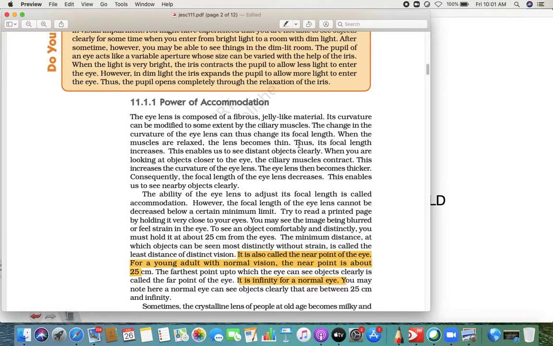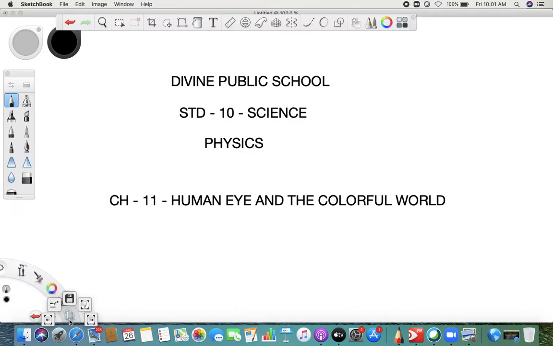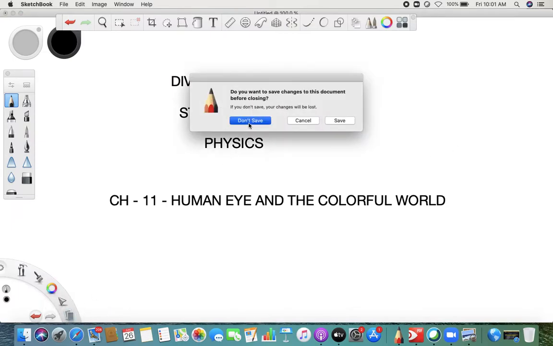Our eye lens can change its shape. So this is how you can see things. This is the human eye, and this is your lens.